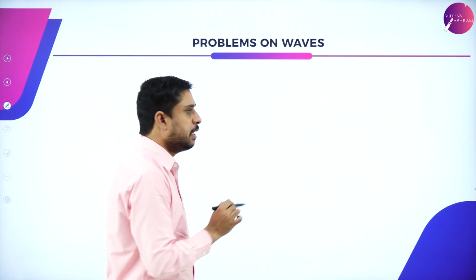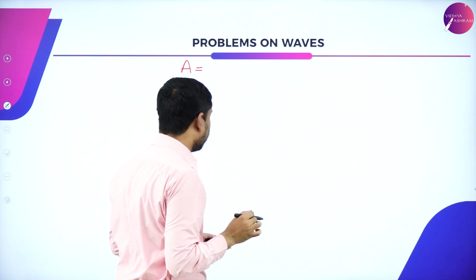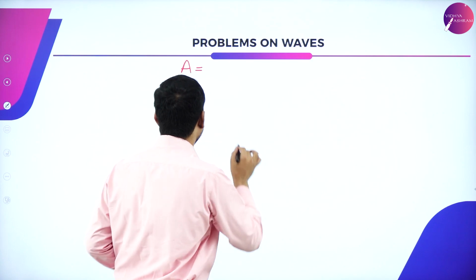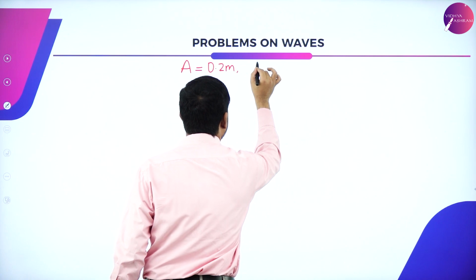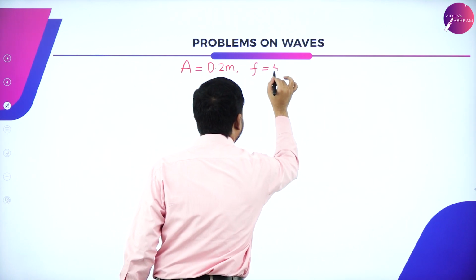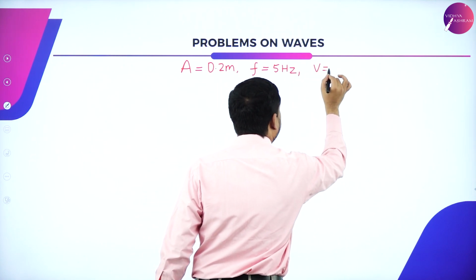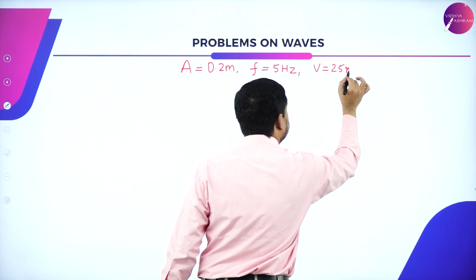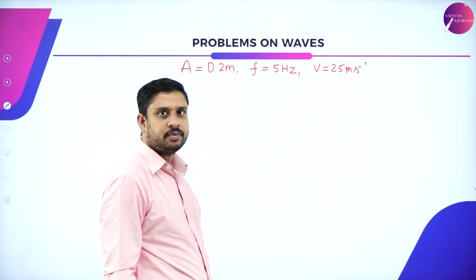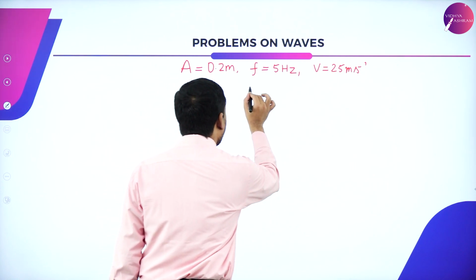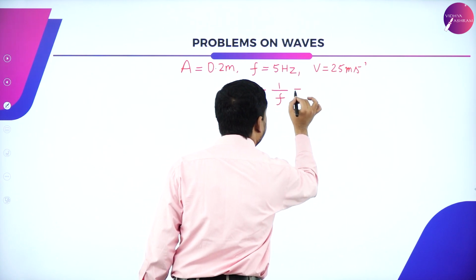Now, the amplitude of the wave is given to be 0.2 meter. Frequency is given to be 5 hertz. Velocity is 25 meter per second. Now, therefore, what is the time period? 1 by f.